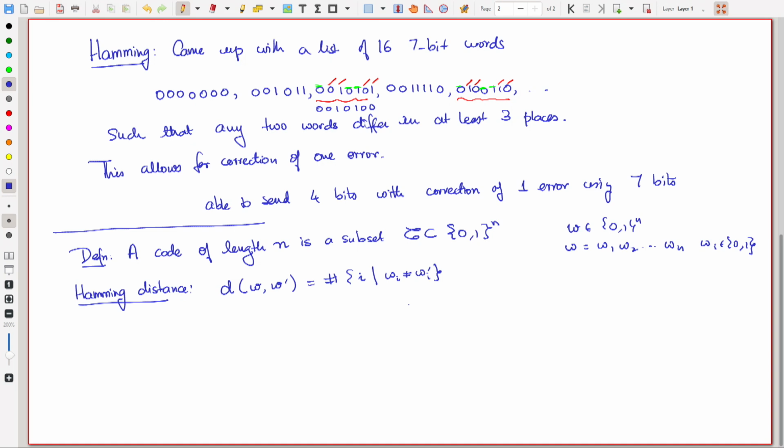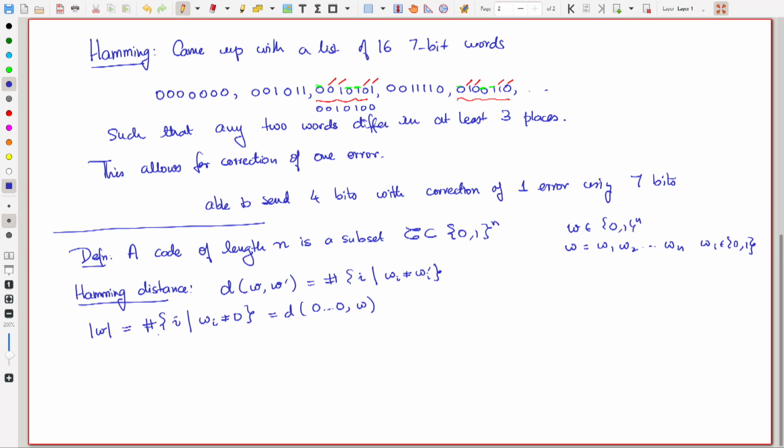You can also think of this in terms of bitwise components. An alternate way of thinking about it is you define the Hamming norm of a word to be the number of i such that w i is not equal to 0. This is actually the distance from 0 0 0 to w.